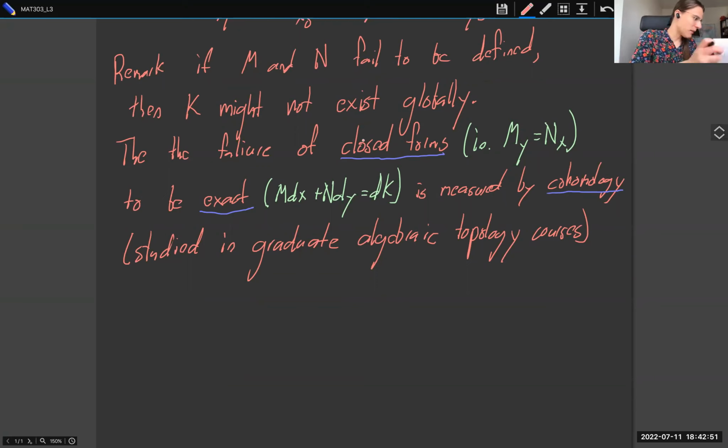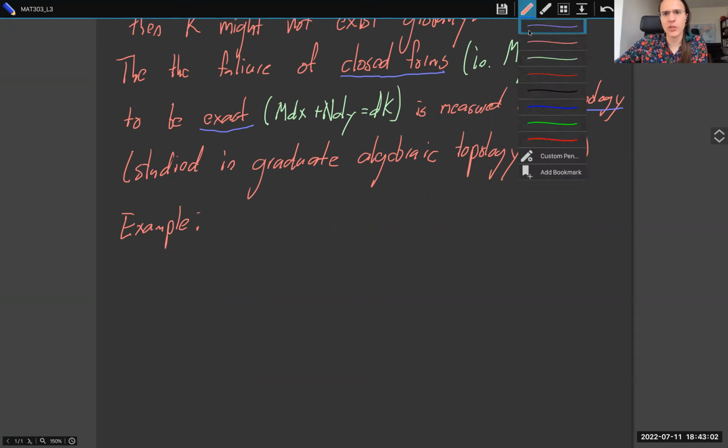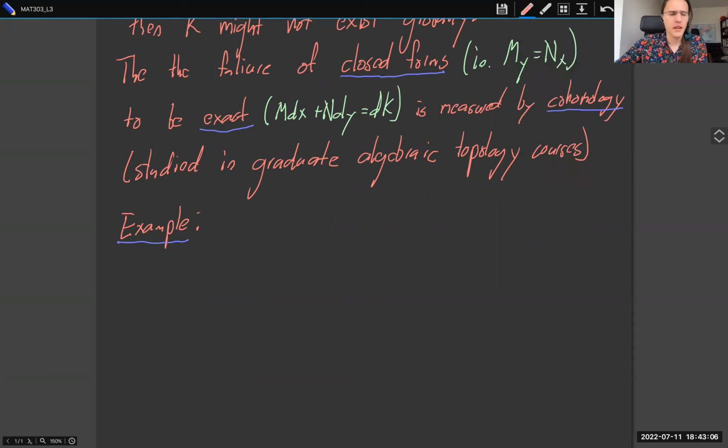Let's get on to some examples. So let's consider, for example, the equation. And by the way, this is how you're going to solve these problems from now on.